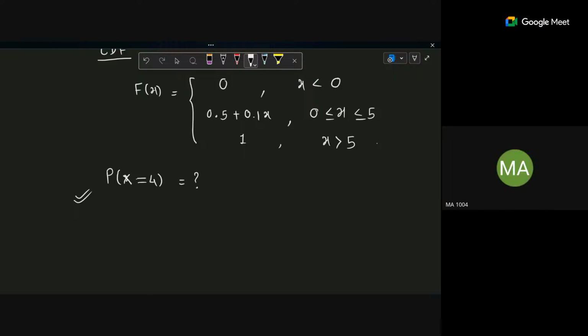Okay, I'm just writing all the possible answers coming from you, but I will suggest you just don't rush. Stay calm and see what CDF is given, and they are asking about probability at x is equal to 4.